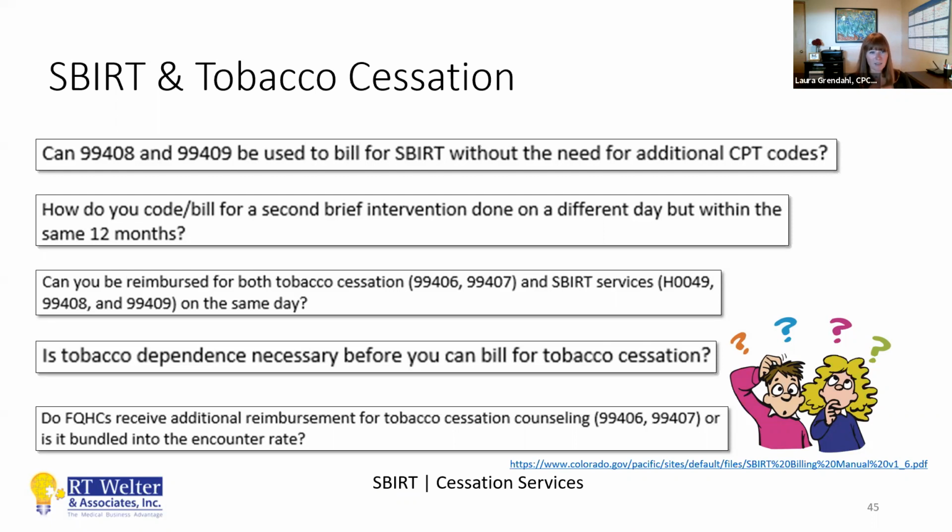The link at the bottom is also something to look at. Again, coding is very general, and sometimes we just have to go with what we have, but there's nothing that says that they can't be. Because we don't have anything that says absolutely not, we know that they can be. Sometimes that can be a little hard when we're reading through some of these really legal sounding documents to pull that out.